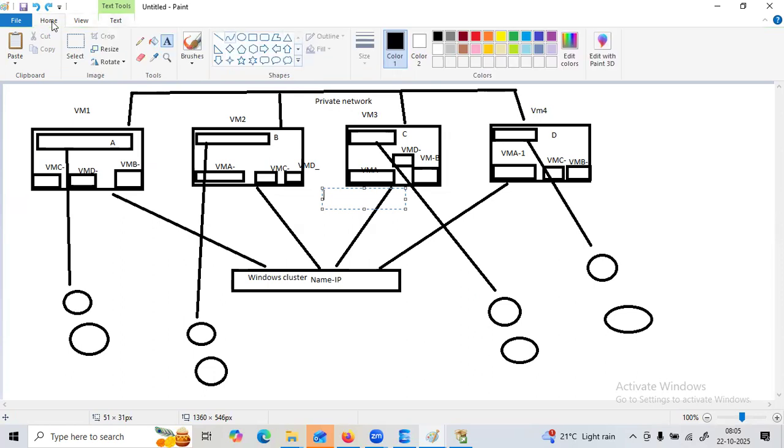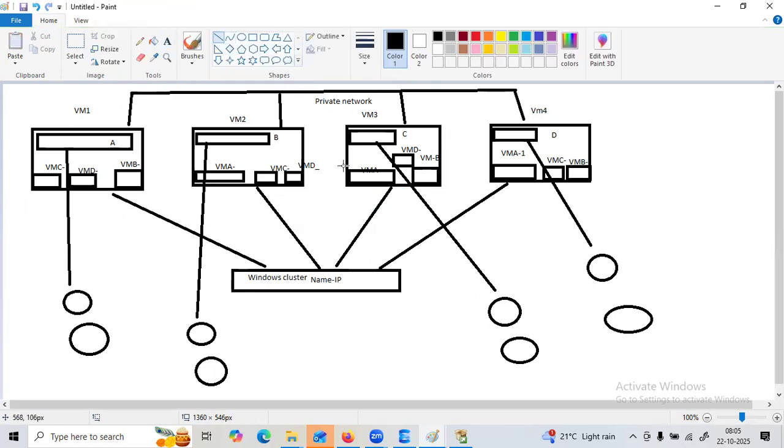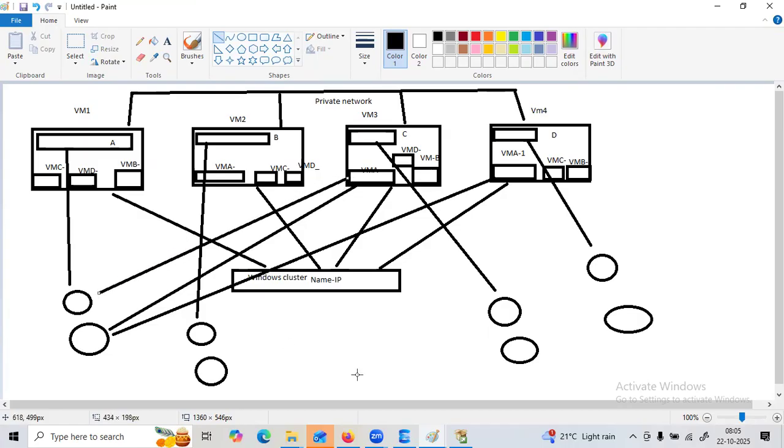This computer will try to bring the resource online, and as well as this computer, it will try to bring the resource online. This computer will bring the resource online.